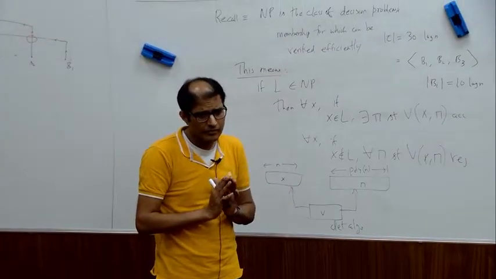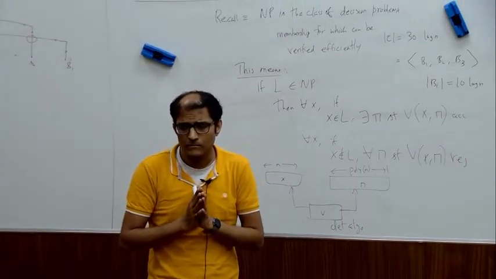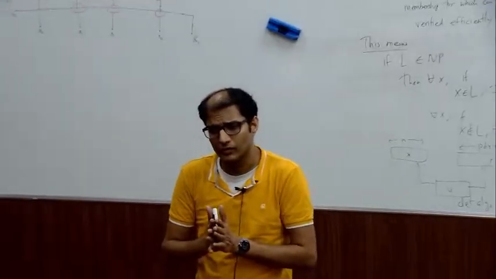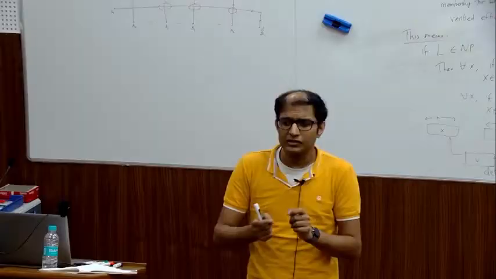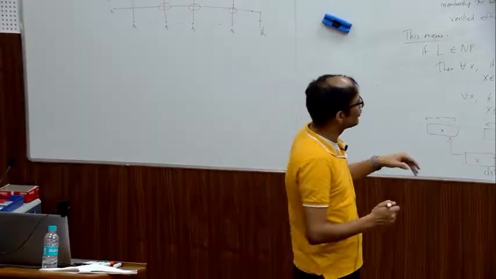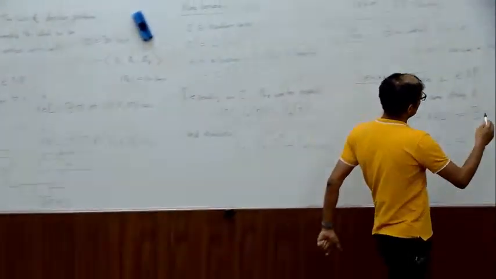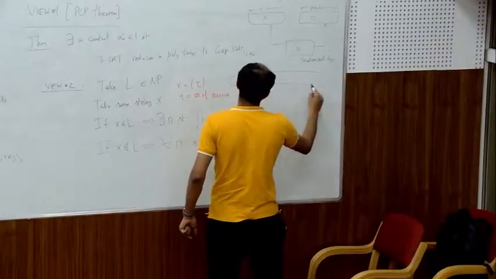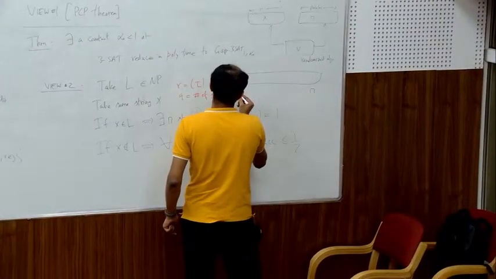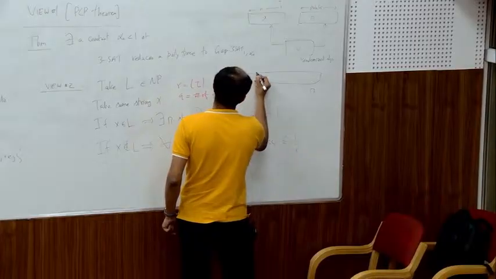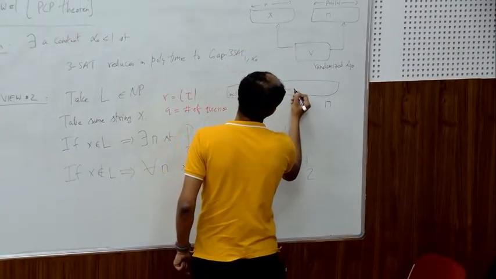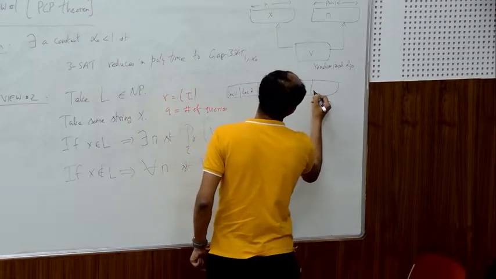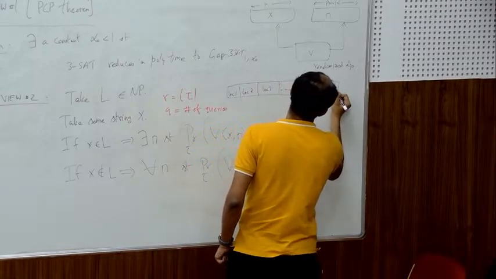So B1 is a collection of 10 log n random bits. Imagine that the proof pi looks like the following. This is my proof pi. Here is location 1, location 2, location 3, location i, up to location n power 10.